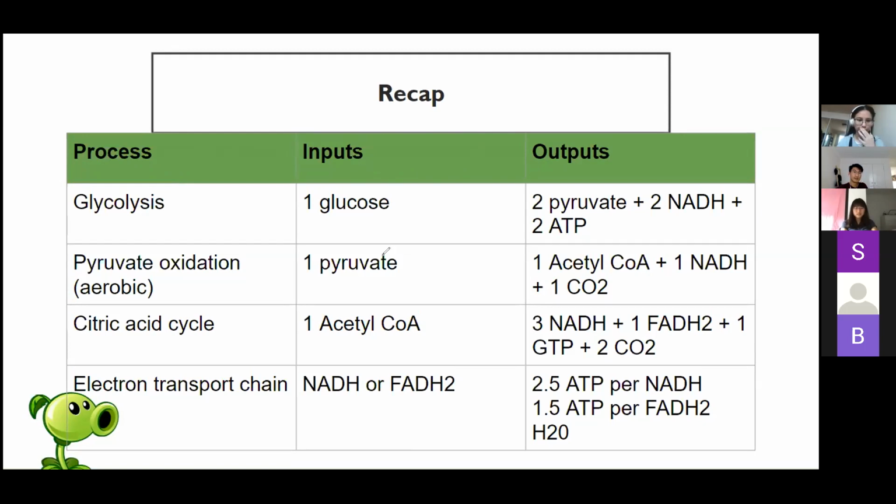Pyruvate would be the intermediate step between glucose and acetyl-CoA. You go from glucose to pyruvate, and then the pyruvate you get will be turned to acetyl-CoA. So basically it goes glycogen, glucose, pyruvate, acetyl-CoA, and then NADH.